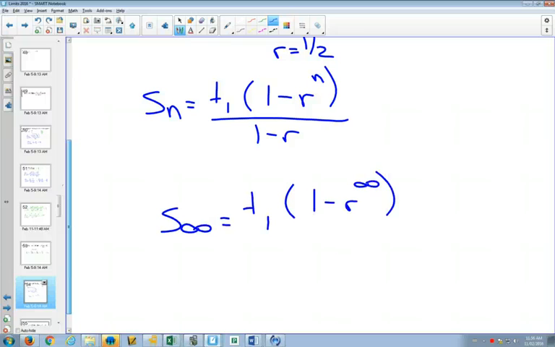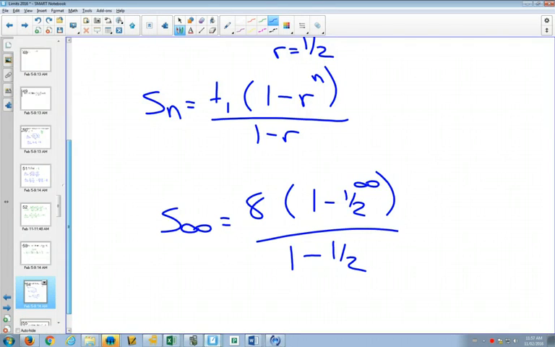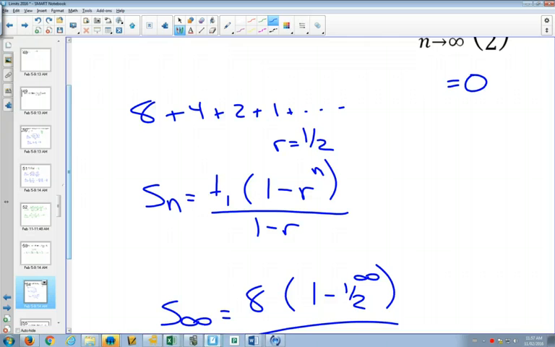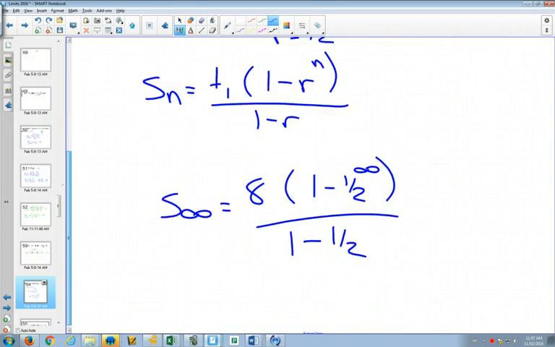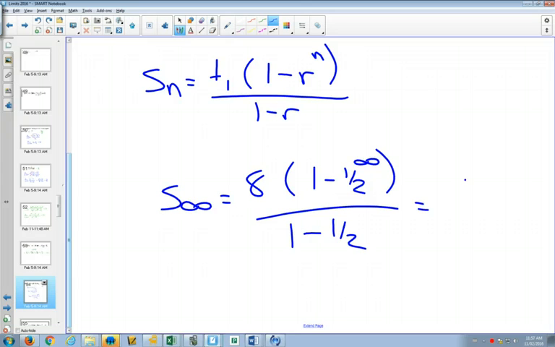Well, if we plug in things here, we have a problem. How do you do 1/2 to infinity? Well, 1/2 to infinity is exactly this idea that we're talking about here. It's going to equal 0. So this just becomes that.